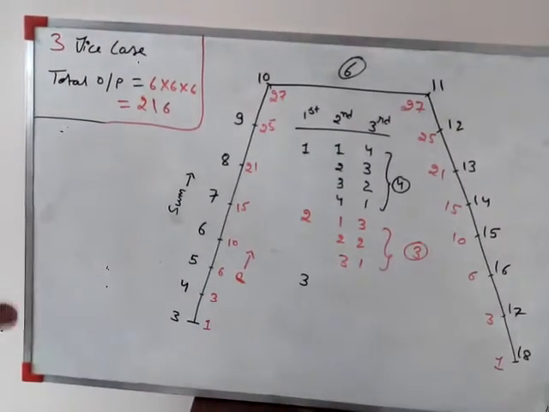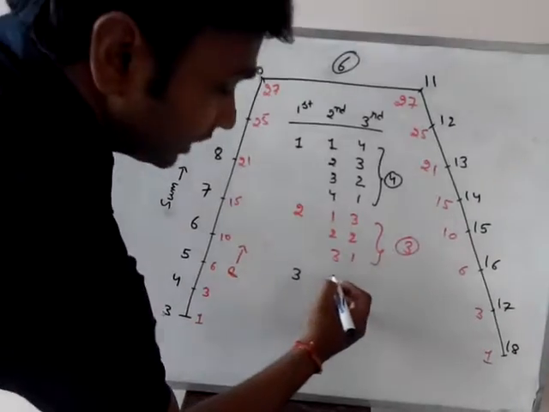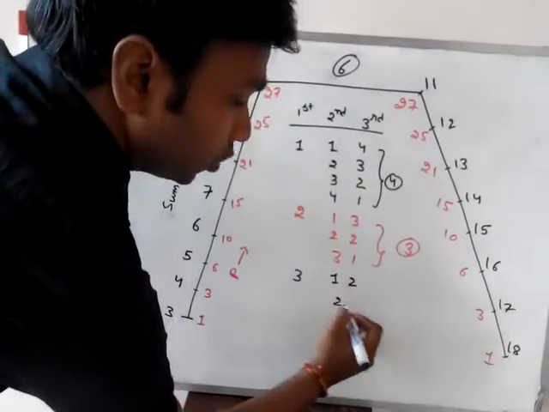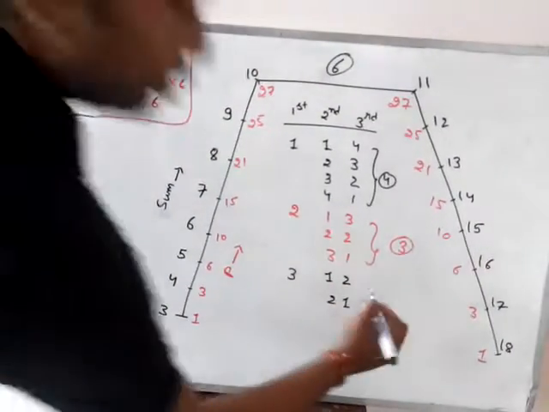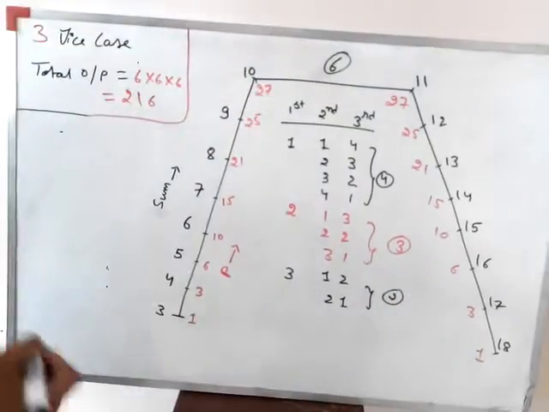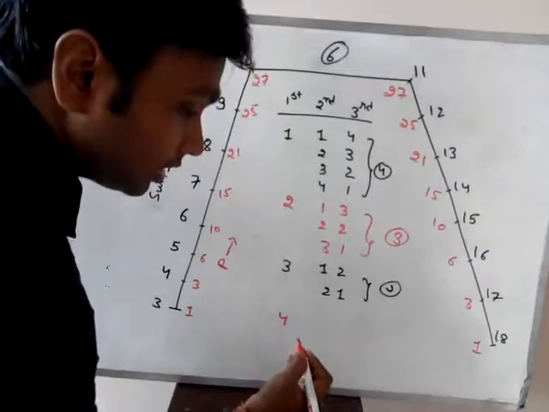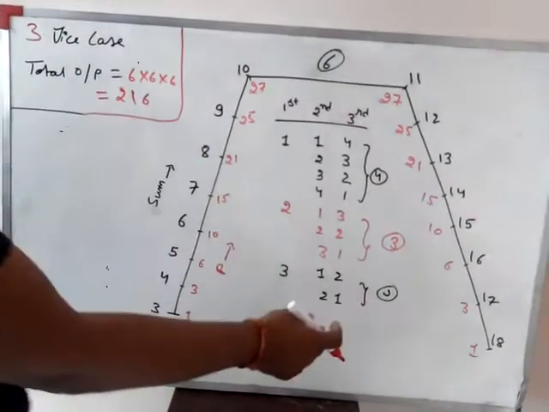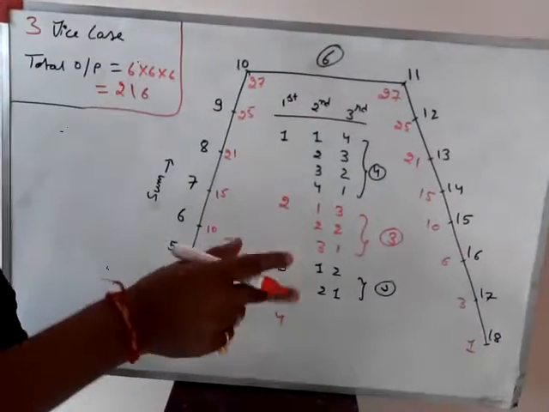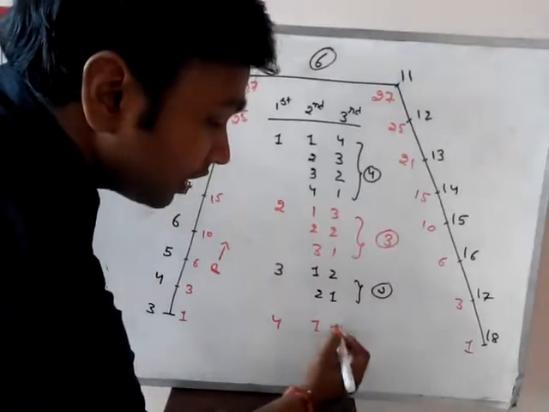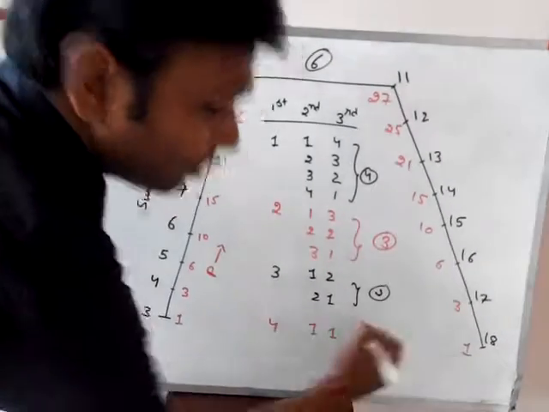Now I need to make 3 from the second and third dice. Possible cases are 1,2 and 2,1. So I got 2 cases now. Right? Suppose I got 4 in the first dice. Now I have to make 6, so I need to get a sum of 2 from second and third dice. The only possible case is 1,1 in both the dice. So 1 case from here.